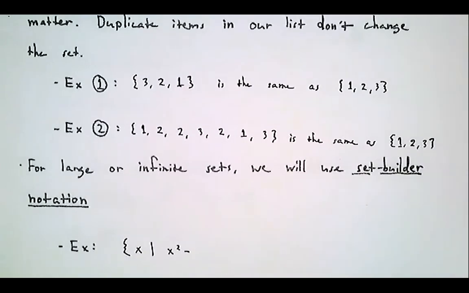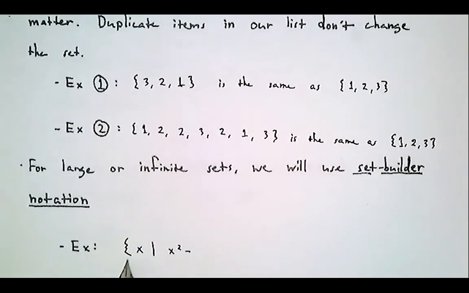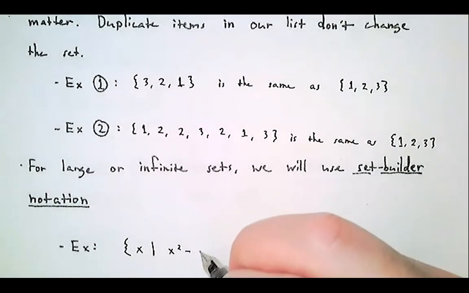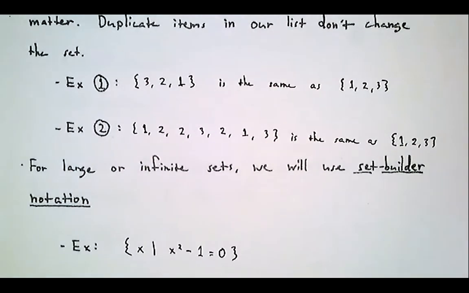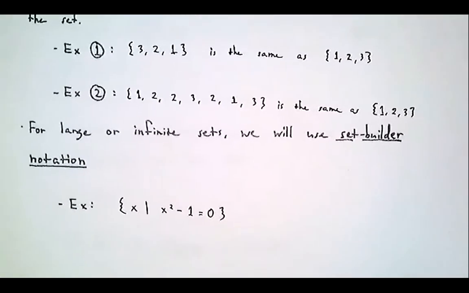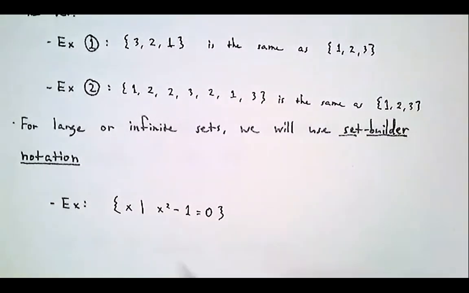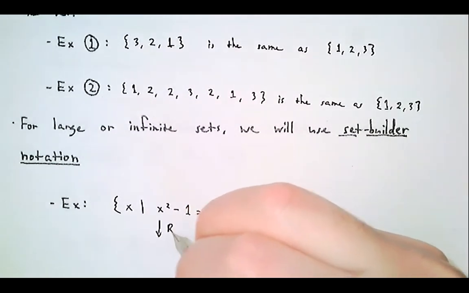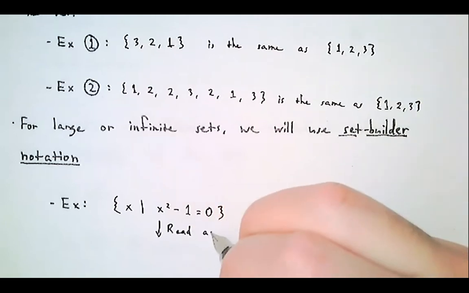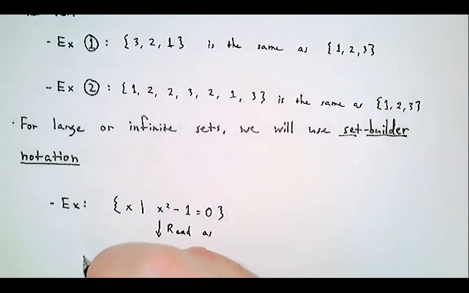Okay, so I'm going to finish writing this out. So we have our curly braces, we have an X, a vertical bar, and then I'm going to write a short little equation: X squared minus 1 equals 0. So the first thing I'm going to do is tell you how to read this set. What does it translate to in English? The curly braces tell you that it's a set.